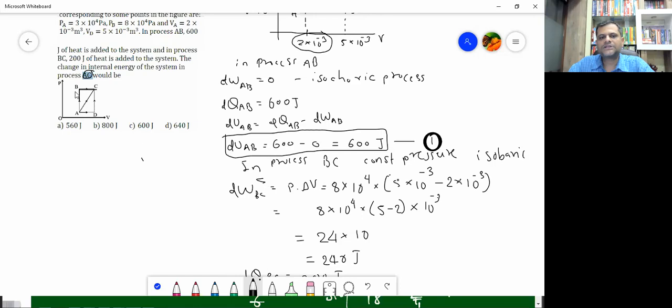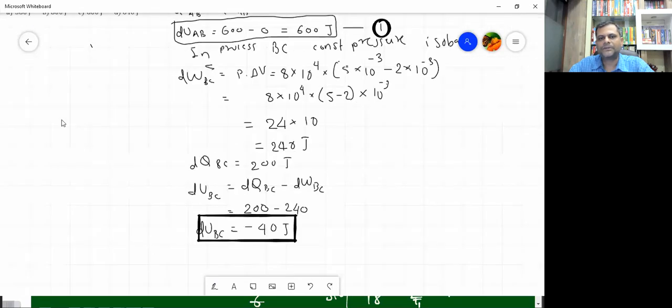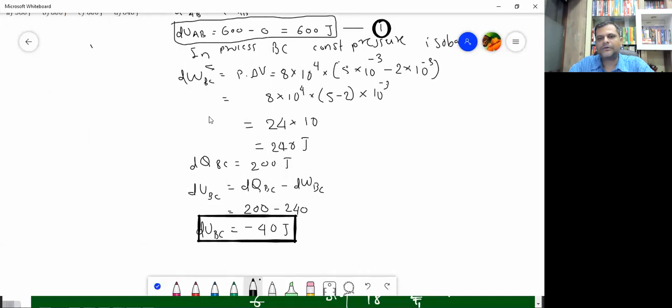So whatever change in internal energy takes place in this AB and BC, if we add them together, then we are going to get the change in internal energy in the process of AC because it is a state function. State functions के बारे में ही हम ऐसा कर सकते हैं. तो देखो यहाँ पे ये जो DUAB है और DUBC जो यहाँ पे हमको मिला हुआ है, इन दोनों को अगर हम ऐड करेंगे तो हमको DUAC मिलेगा.